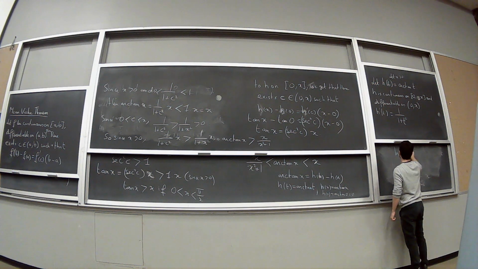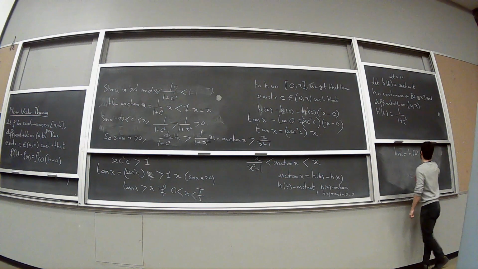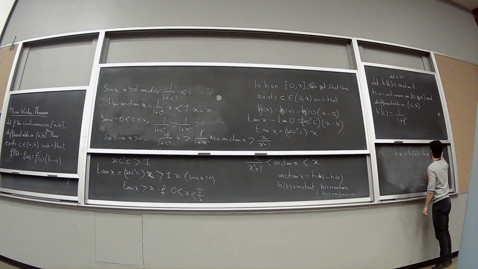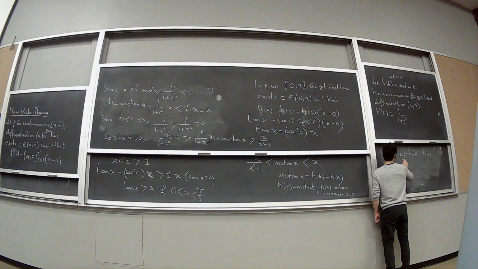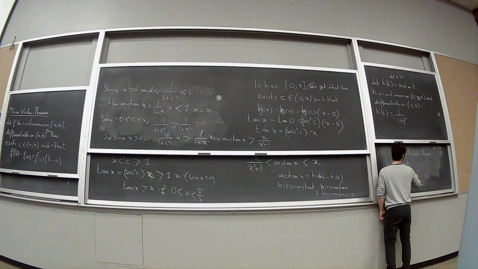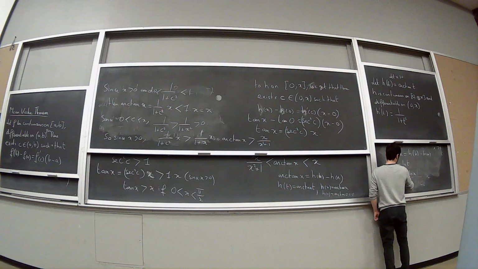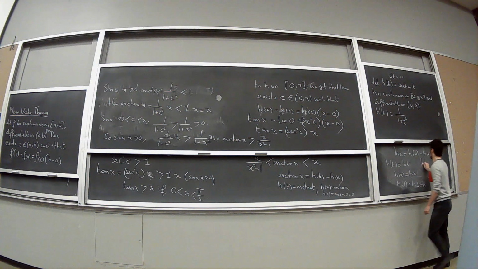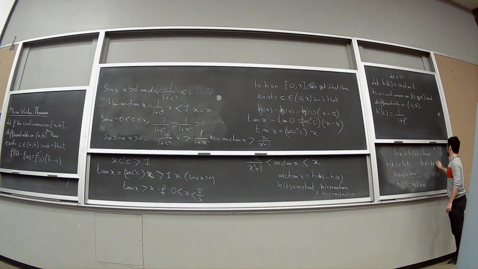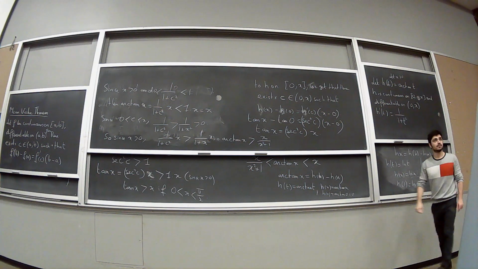So say here x is greater than 1. You let h of t be equal to ln t, right? Then h of x is equal to ln x, and h of 1 is equal to ln 1, which is equal to 0. So ln x will be equal to h of x minus h of 1.